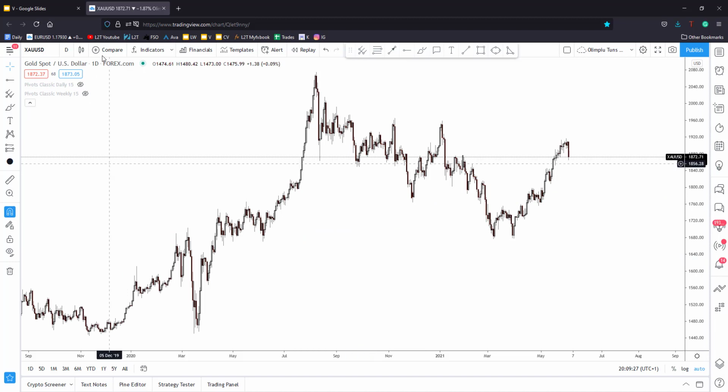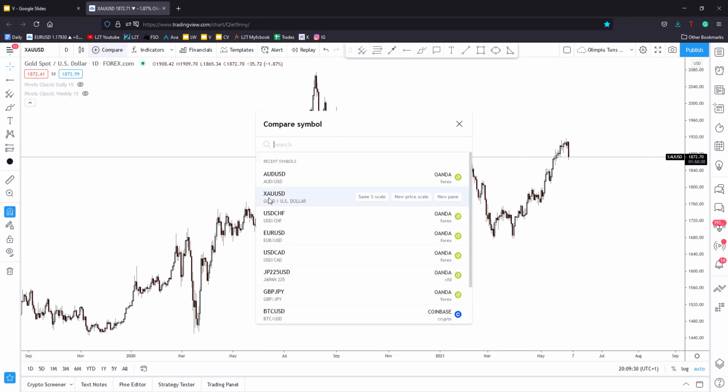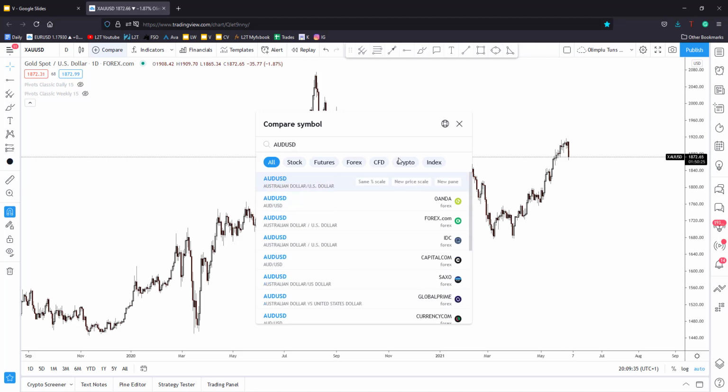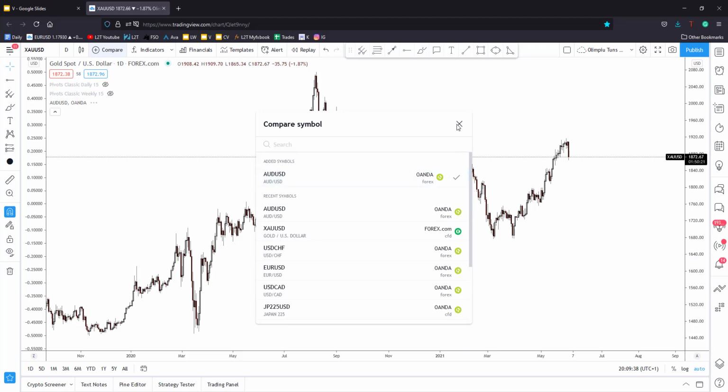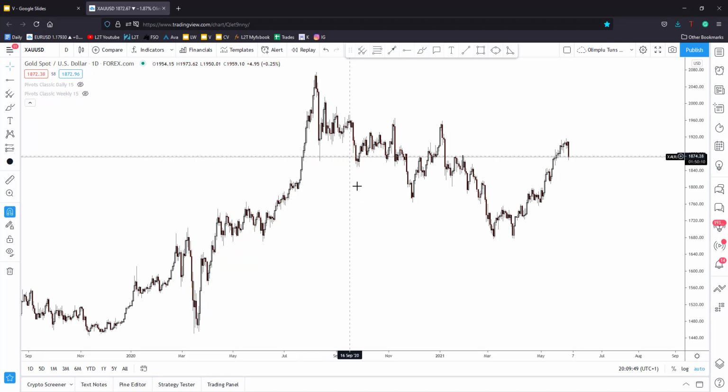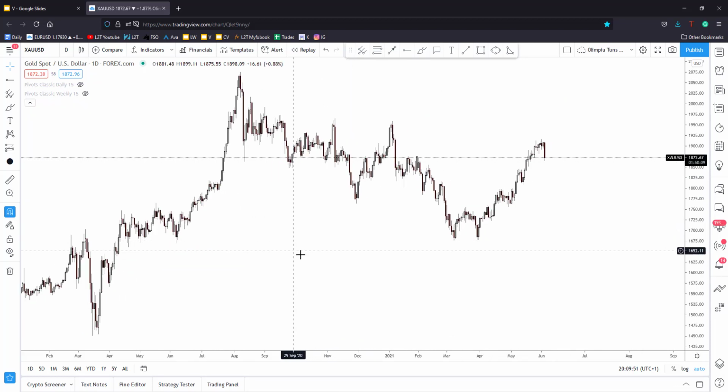Okay, this is not maybe a very good correlation, but again, when the price of the Australian dollar versus the US dollar increases, maybe you should not sell gold.